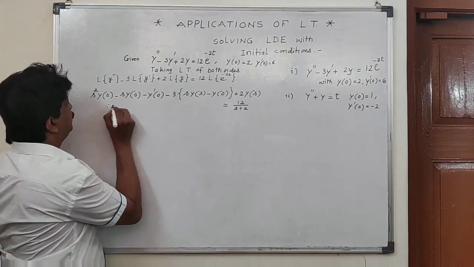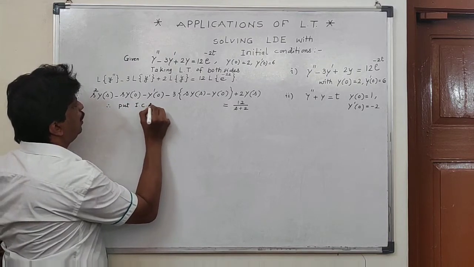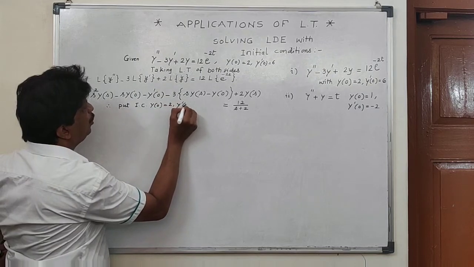Therefore, we put initial conditions: y of 0 is 2, y prime of 0 is 6.